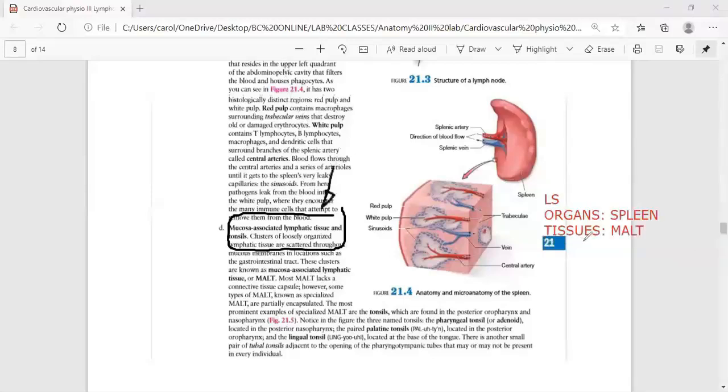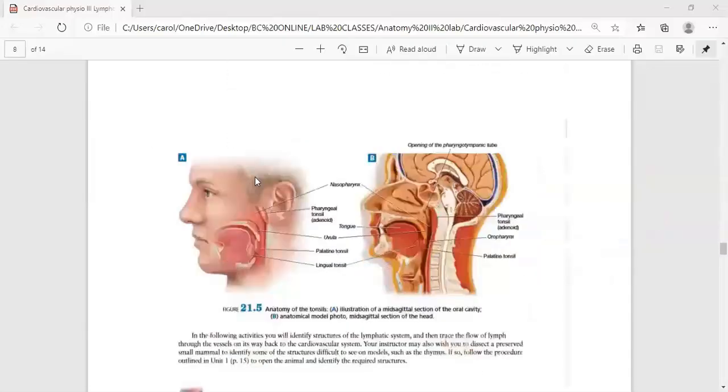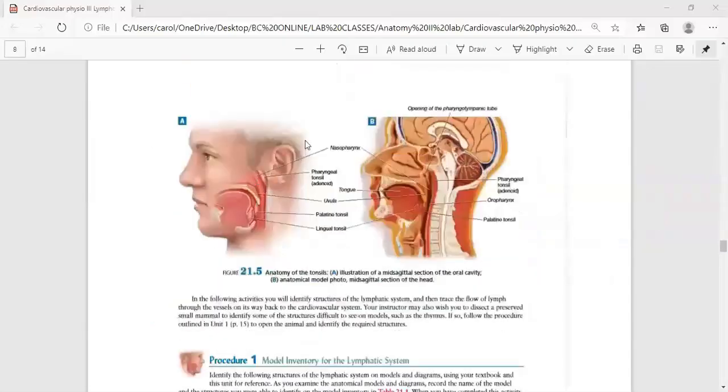Since this is a tissue, and tissue is a group of cells, when this group of cells is all together, forming a mass, it's not an organ, but a mass of cells. That is an example of a tonsil. Then if we keep scrolling down, they are showing some of those right here.